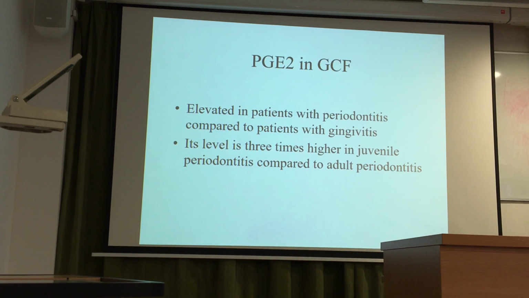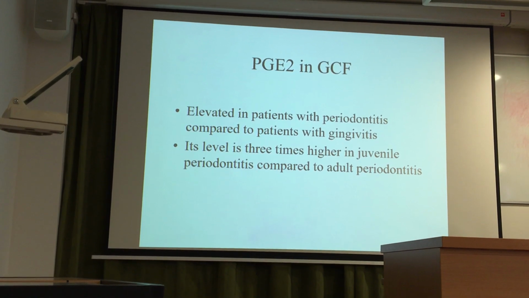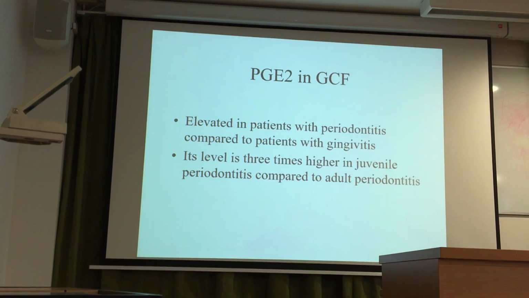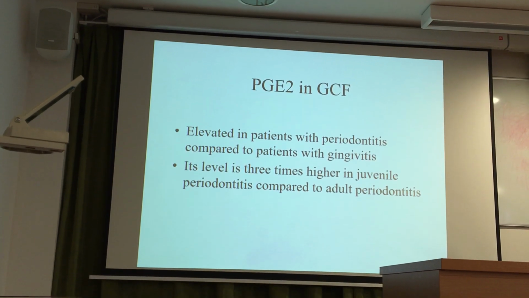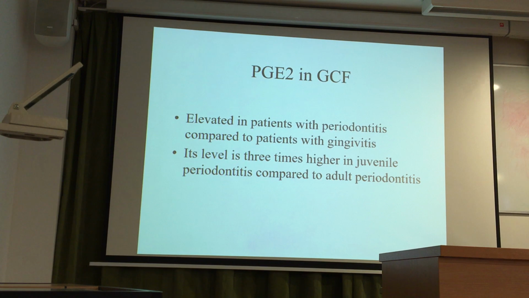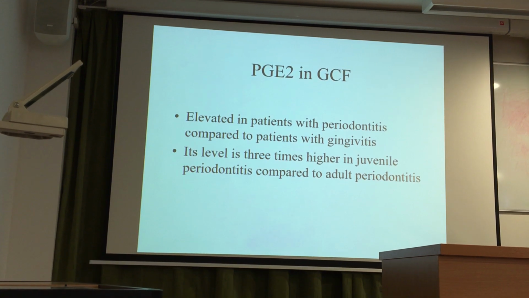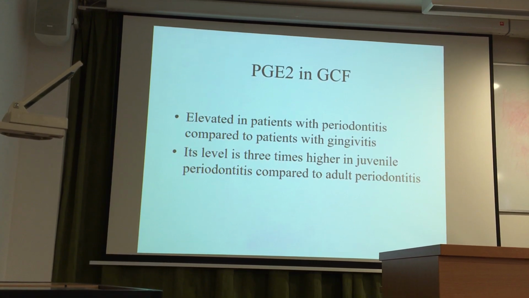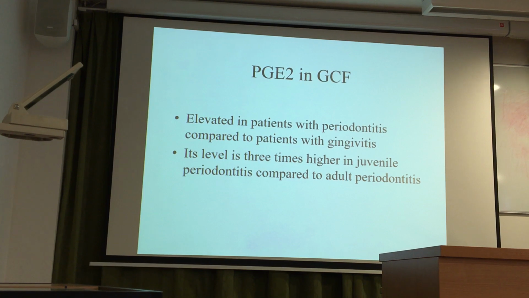you may use this fluid to estimate the risk of periodontitis, because you have to select the risky patients. Maybe one of you has some risk for periodontitis, but another may have much more risk. And when you have bad habits, for example smoking, it may increase your risk.